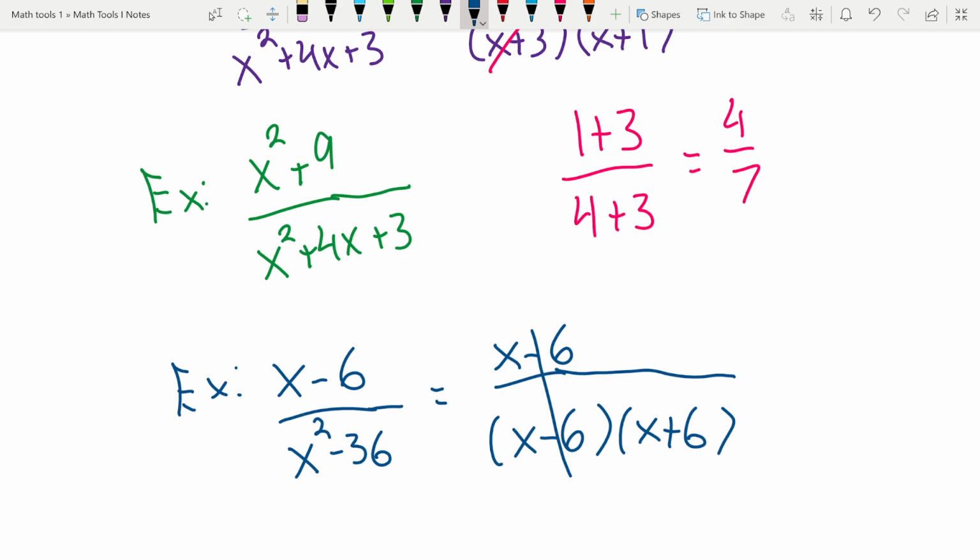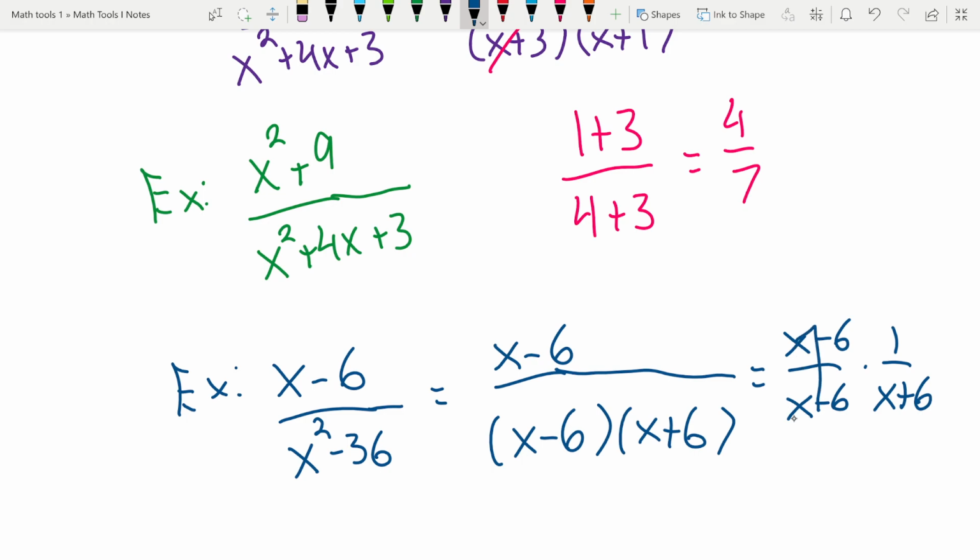Because if we break down exactly what we're doing here, we're really saying that this is equal to x minus 6 over x minus 6 times 1 over x plus 6, and that x minus 6 divided by x minus 6 is 1.